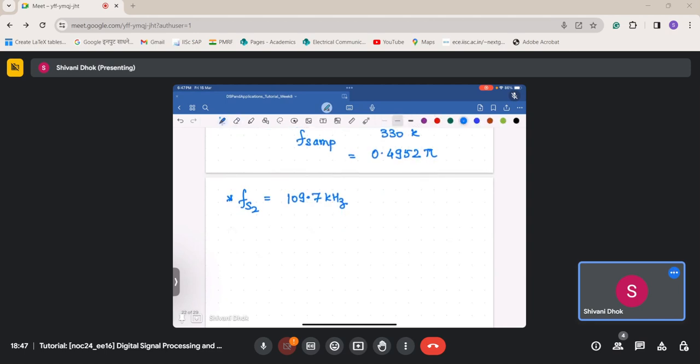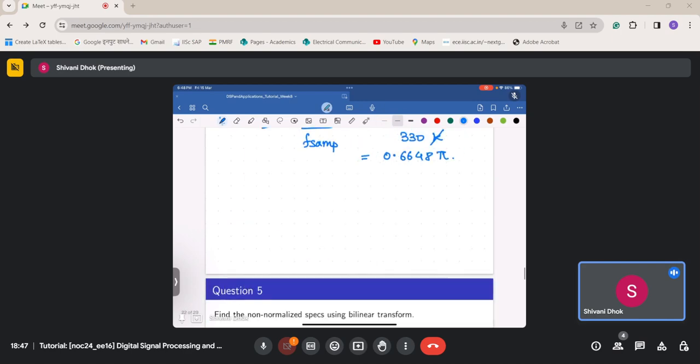Therefore, omega s2 is equal to 2 pi fs2 upon fsam, which is equal to 2 pi into 109.7 kilohertz upon 330 kilohertz, and this comes out to be 0.6648 pi.